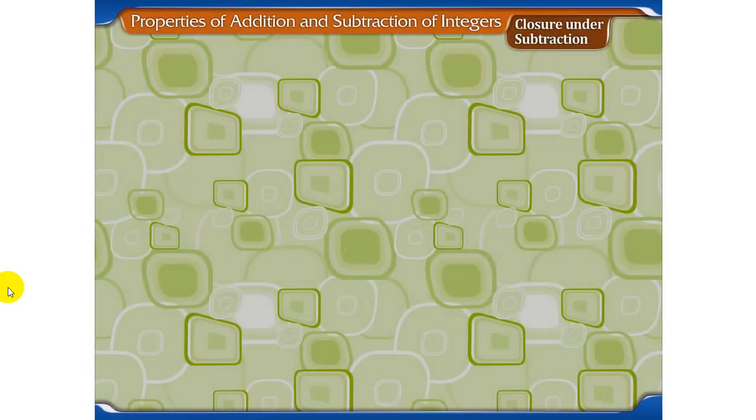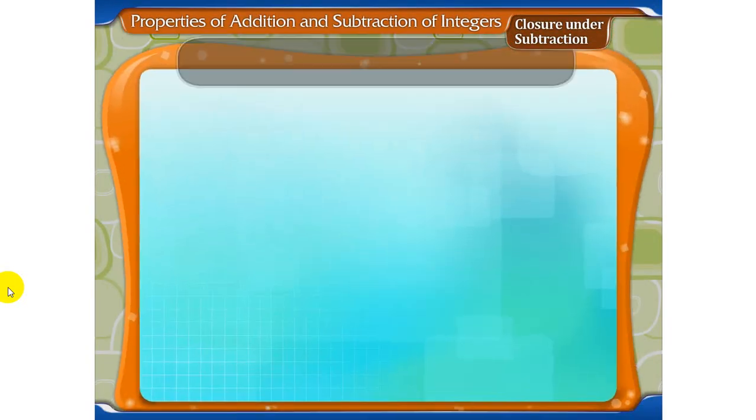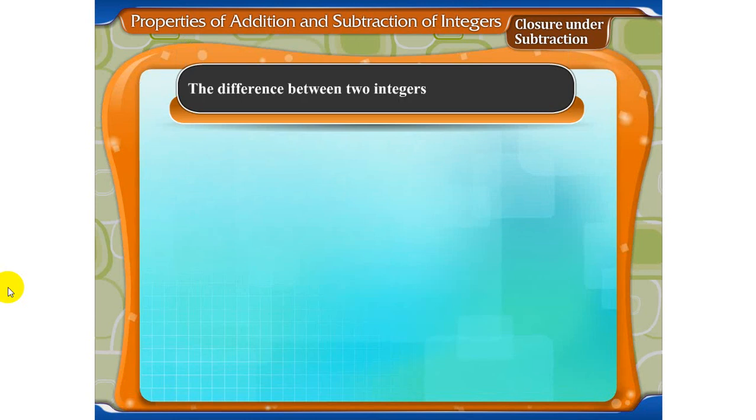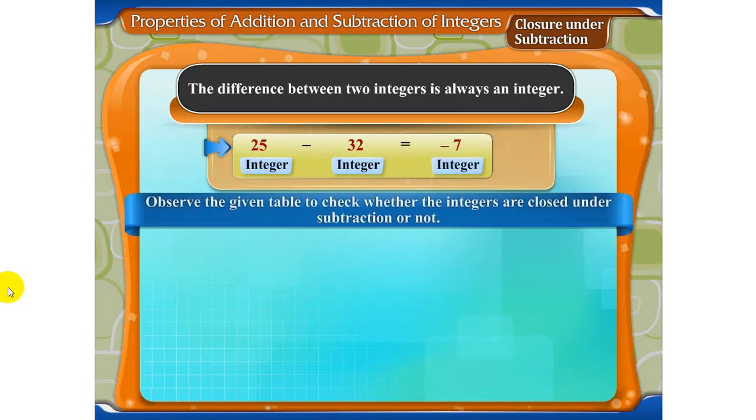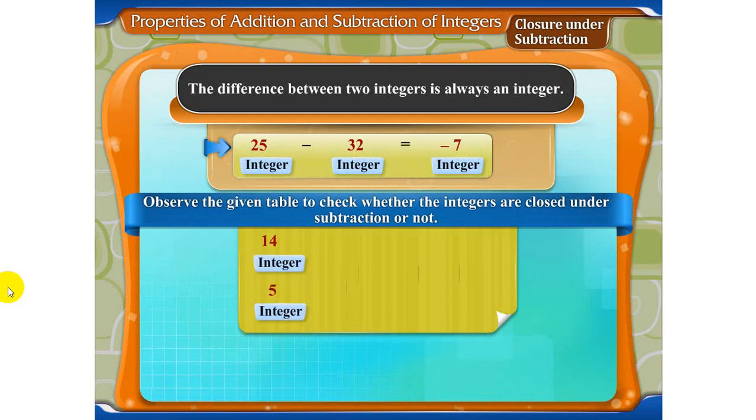Closure under subtraction. We know that the difference between two integers is always an integer. For example, 25 minus 32 is equal to -7. Observe the given table to check whether the integers are closed under subtraction or not.